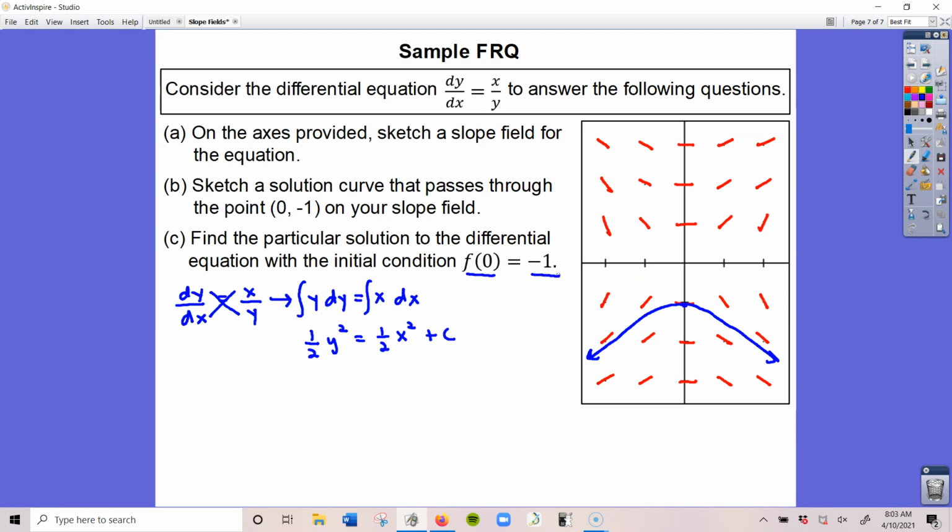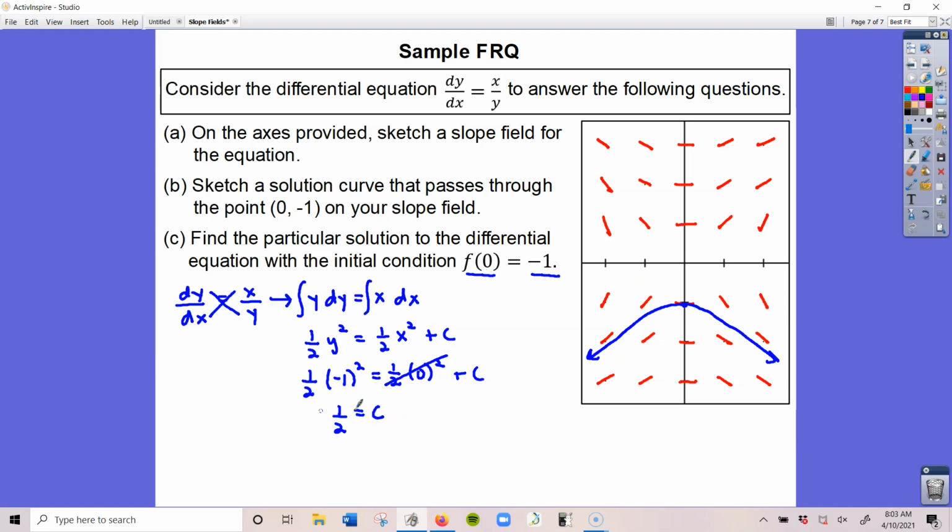So we plug in the initial condition: when x is 0, y is -1. 1/2 times -1 squared is equal to 1/2 times 0 squared plus c. -1 squared is +1 times 1/2, so 1/2 is equal to 0 plus c. So c is equal to 1/2.